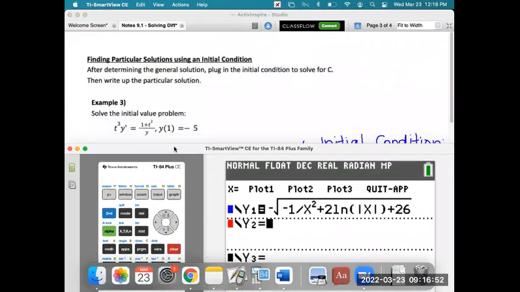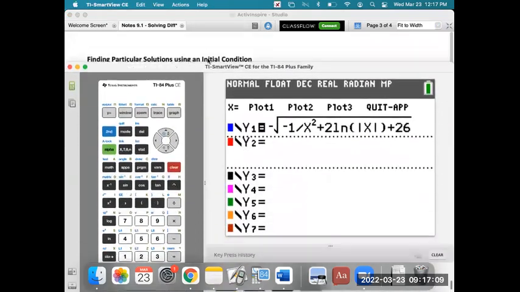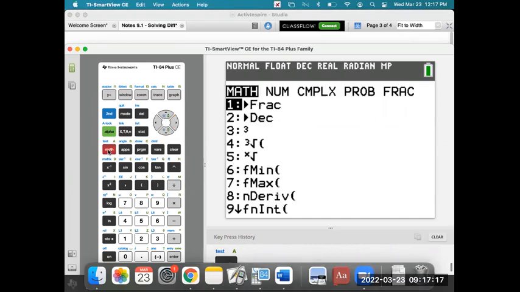Okay. So I'll put x cubed instead of t cubed, and then y1 prime equals 1 over 1 plus x squared over, instead of y, we'll do y1. Times the derivative of y1, so math 8.